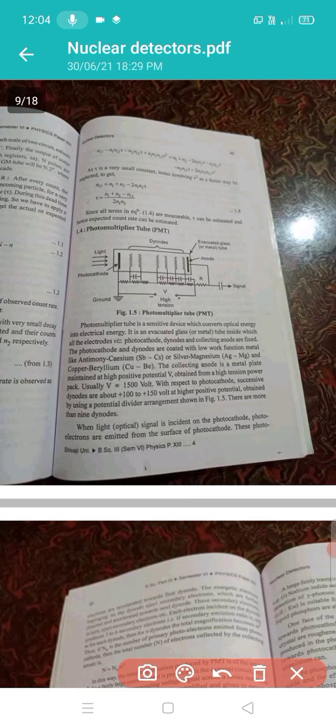Then how does it work? When the light signal or optical signal is incident on the photocathode, photoelectrons are emitted from the surface of the photocathode.